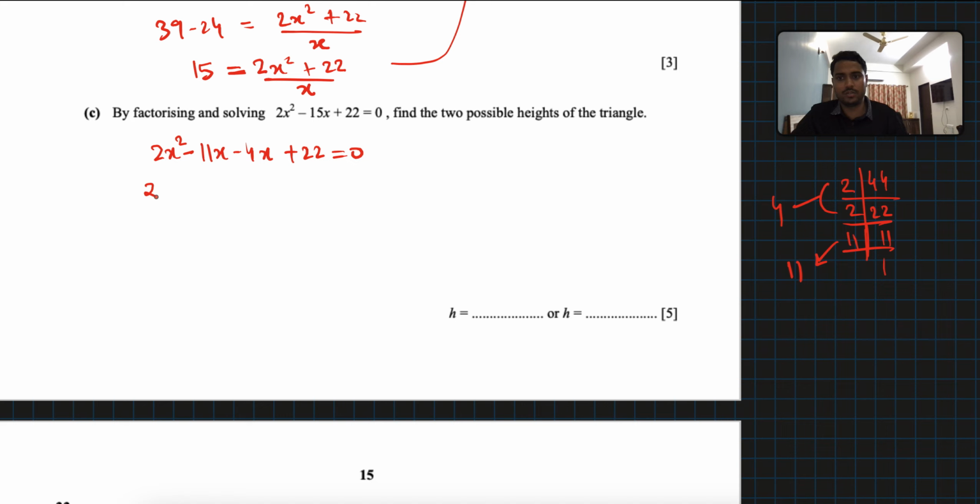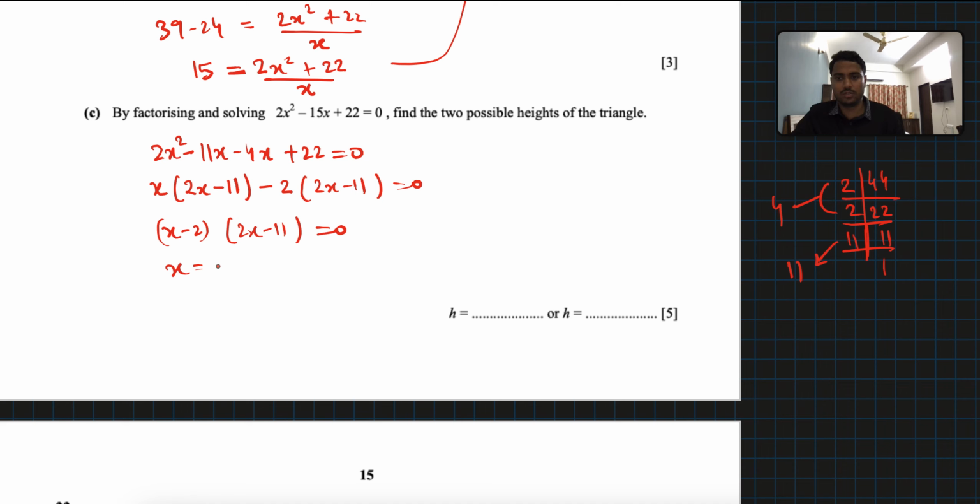So x is common, and we can write 2x minus 11. Here minus 2 is common, so 2x minus 11 again equals 0. From here we will get x minus 2 and 2x minus 11 equals 0.